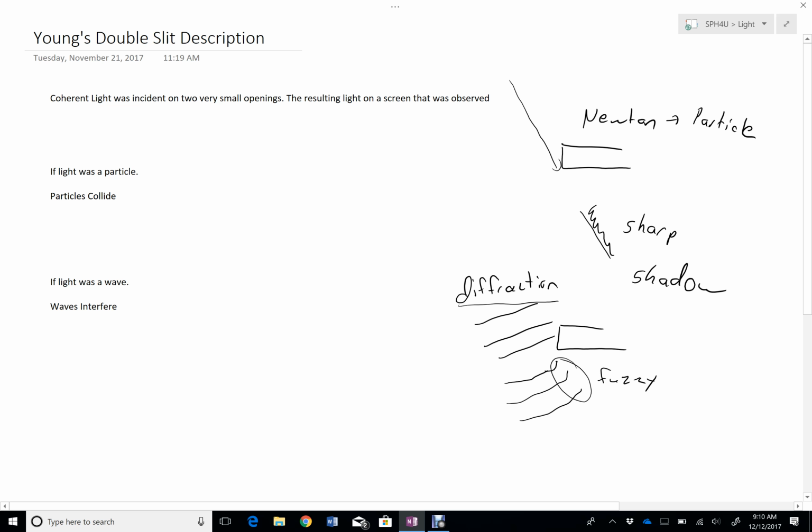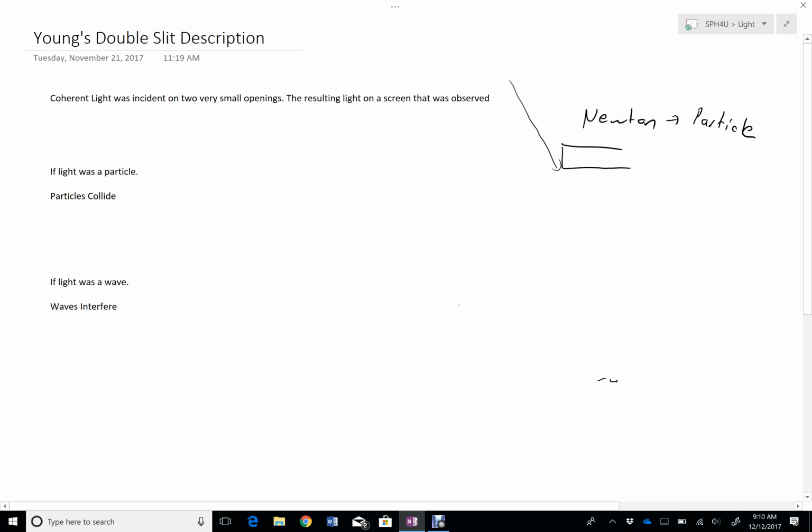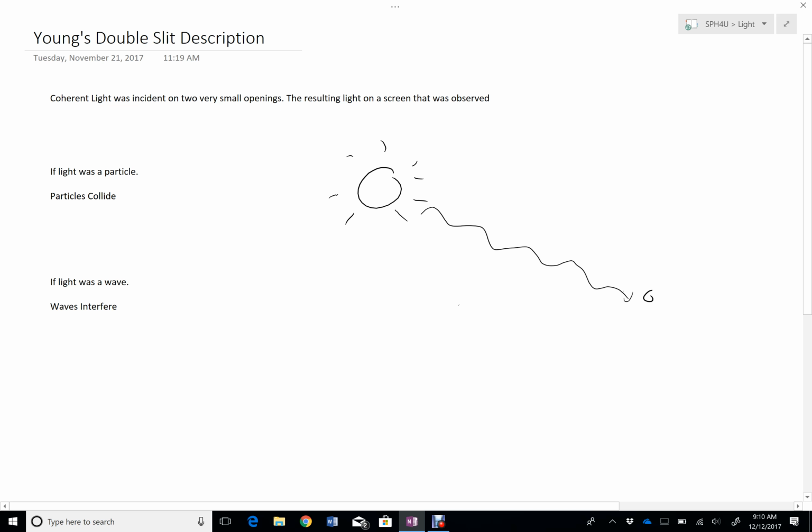So that's one of the reasons why Newton thought that light would be a particle. Another reason was that light gets to us through the vacuum of space. If we imagine the sun and the earth very far away, then light rays from the sun get all the way to the earth.